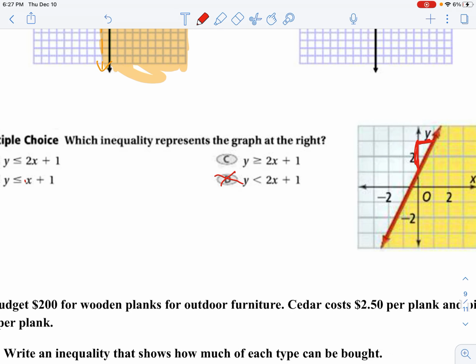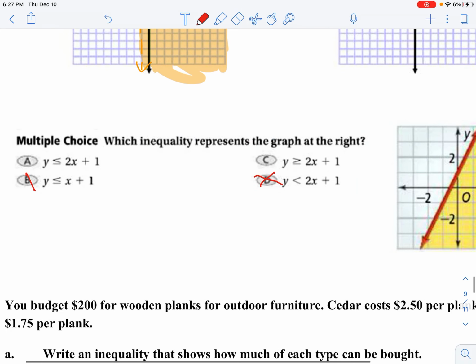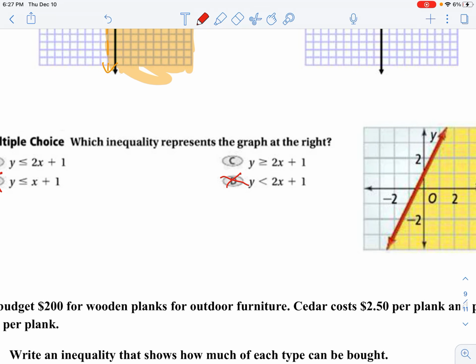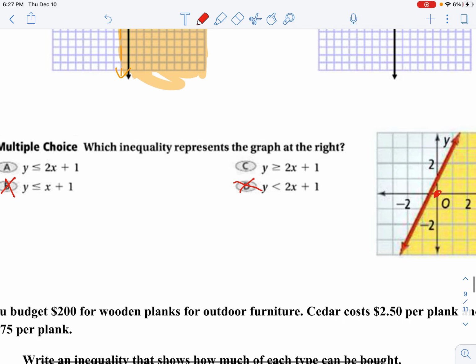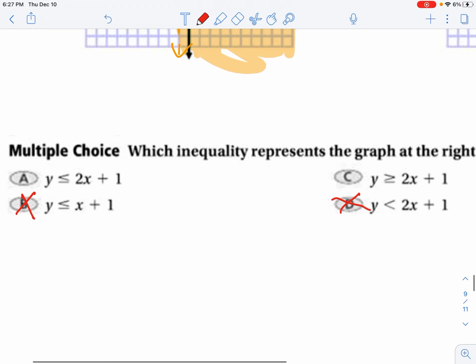So what I'm going to do, based on the shading here, it looks like 0, 0 is one that would be true. So we have to plug in 0, 0 to both A and C and figure out which one makes 0, 0 true. Because they're the exact same thing, except their signs are switched around. So if I plug in a 0 there, and plug in a 0 here, I'm going to get 0 is less than, well, 2 times 0 is 0, plus 1 is 1.